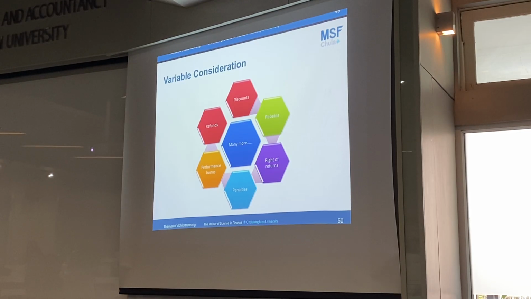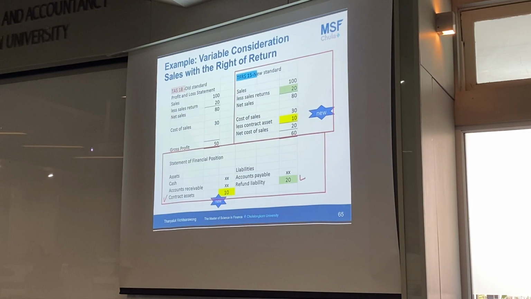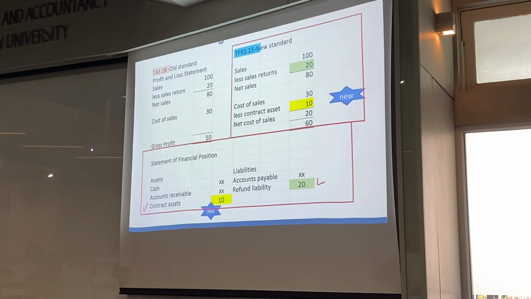And after you estimate the refund, there will be another thing on the cost of goods sold or cost of sale. The cost of this total sale of 100 is 30. The refund is 20. So you have to estimate the cost of this refund and book this as a contract asset.